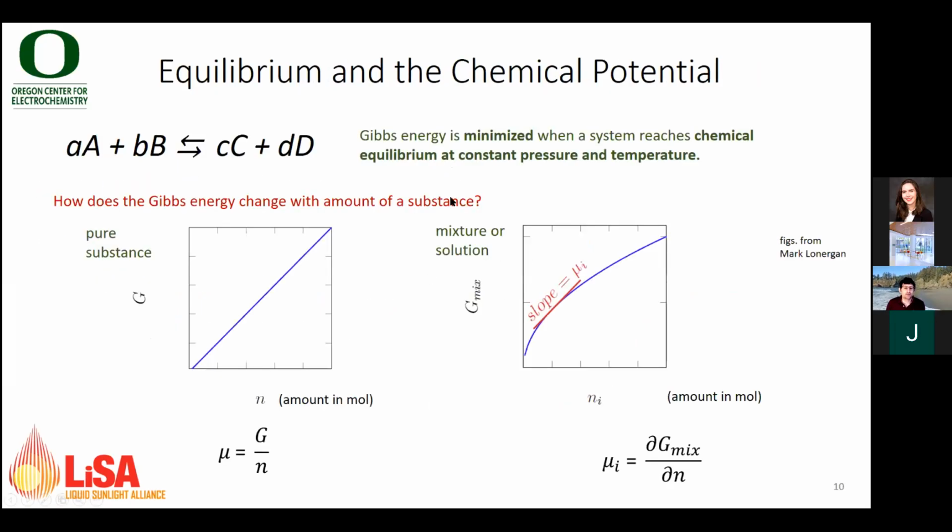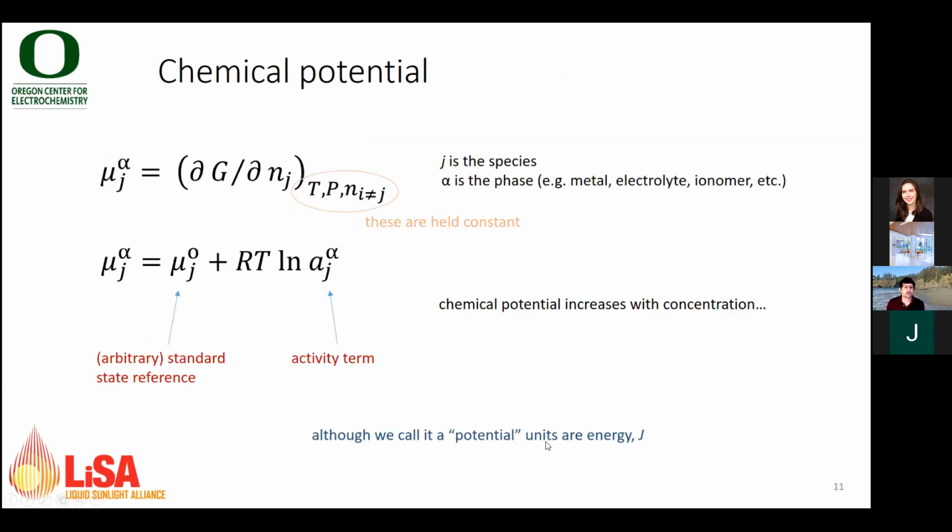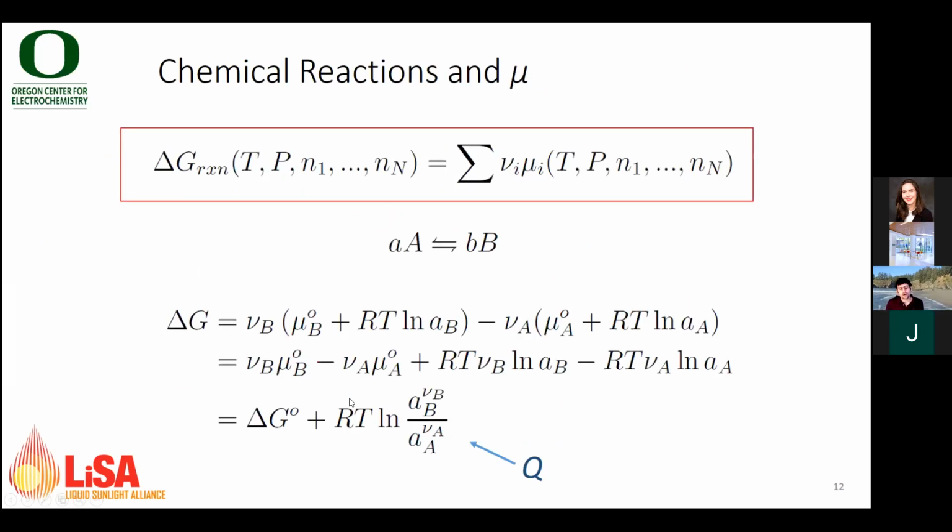We talked about equilibrium and the chemical potential, how the chemical potential is given by the differential of the free energy with respect to the number of species, and how it has an arbitrary standard state term and an activity term. For a chemical reaction, the delta G of the reaction is the sum of the chemical potentials of the products minus the reactants.